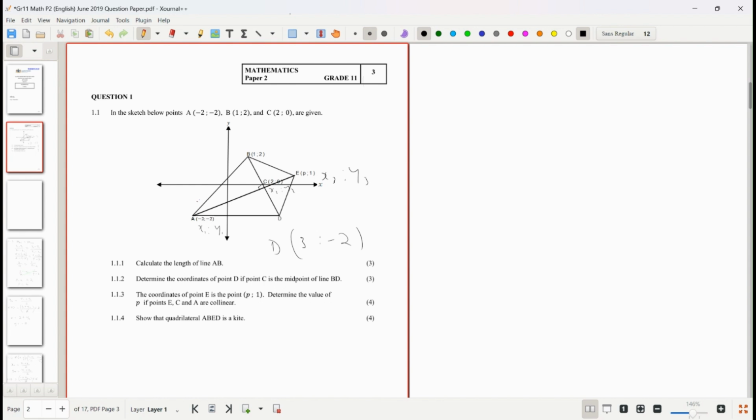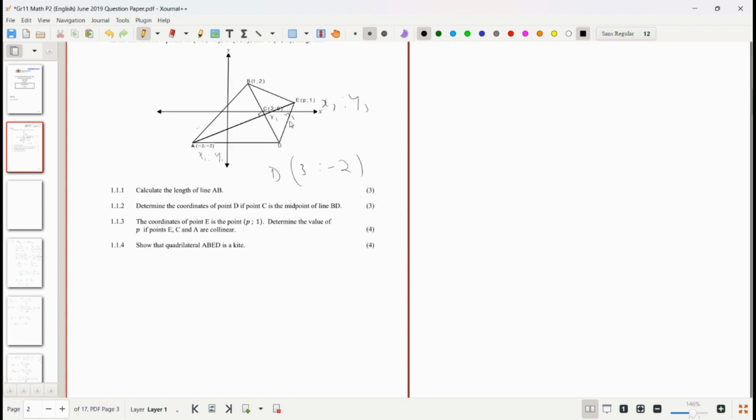What do we know first? In the first question, we calculated the line AB, the coordinates of point D, and then point E. So we can determine the gradient of either BC and AE or AD.